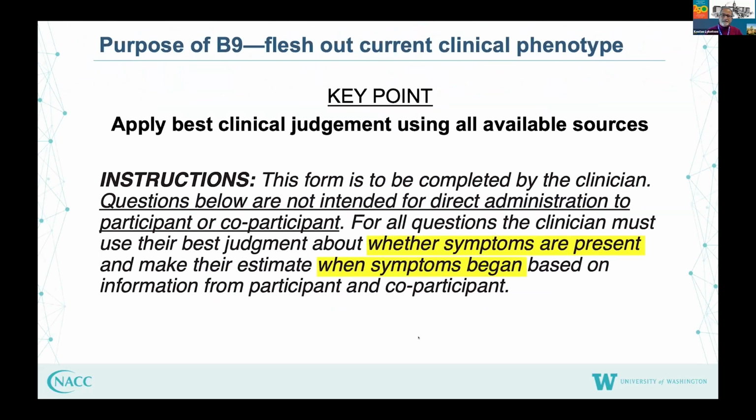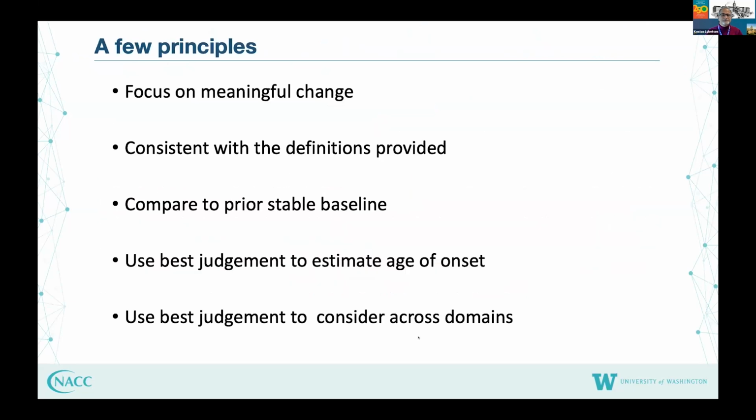You're just being asked to rate whether symptoms are present and to make your best estimate as to when the symptoms begin. So you, the clinician in this instance, is functioning as the aggregator of all the data and making decisions about the presence or absence of very specific components of the phenotype that we're looking for.